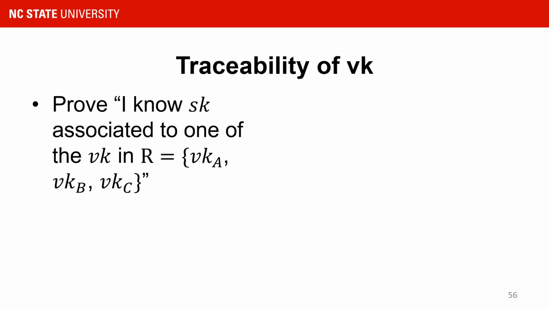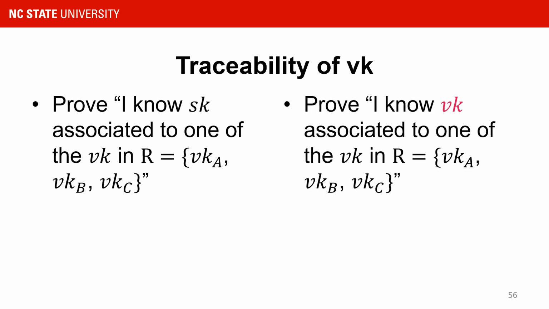Now, previously, when I talked about proving membership in the ring, the signer was basically proving I know a secret key associated to one of the verification keys in the ring. That actually doesn't change, but for the Sigma protocol, the part that I added, I am going to make a proof that proves that I know one of the verification keys in the ring. So here, the verification key is actually the secret that the signer is trying to prove that they have knowledge of.